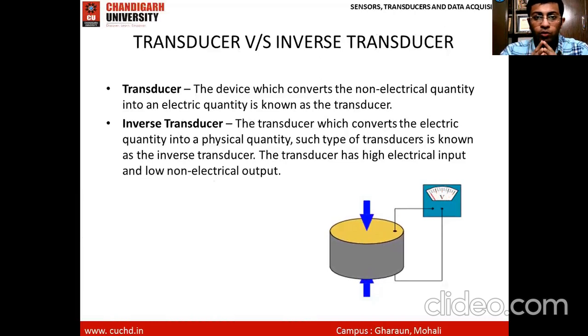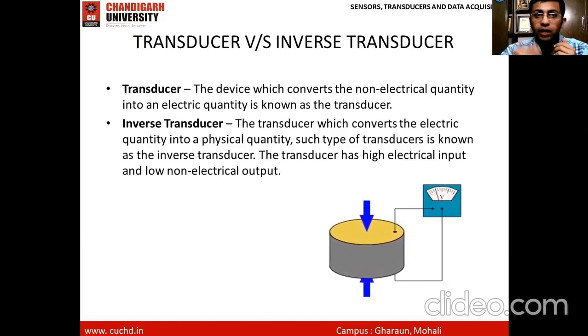Next is transducers and inverse transducers. So transducer, I hope the functionality is clear to you. It is a device which converts an input physical quantity into an output electrical quantity. But inverse transducers perform the opposite function. If you try to relate it with the actuator, what does a motor do?